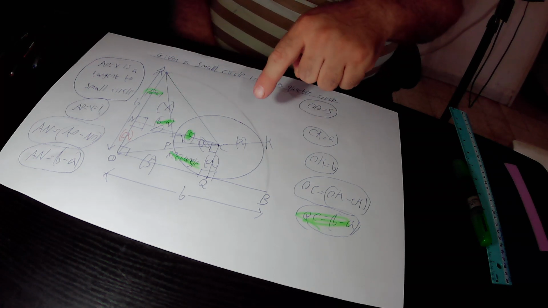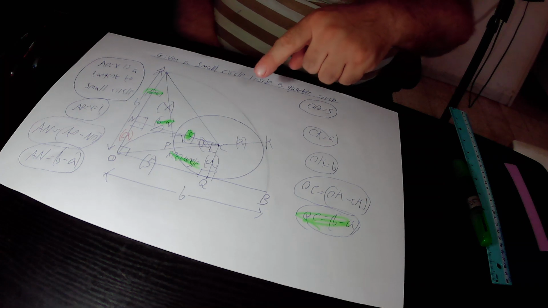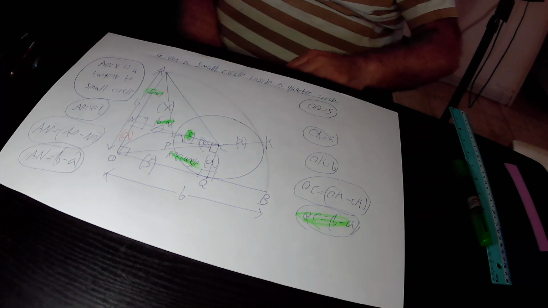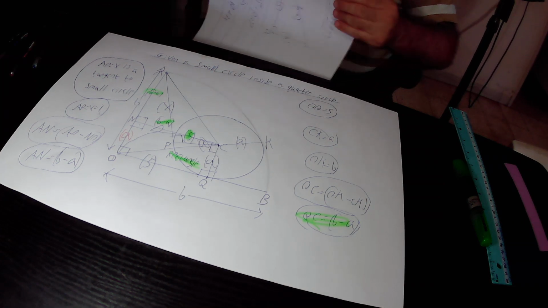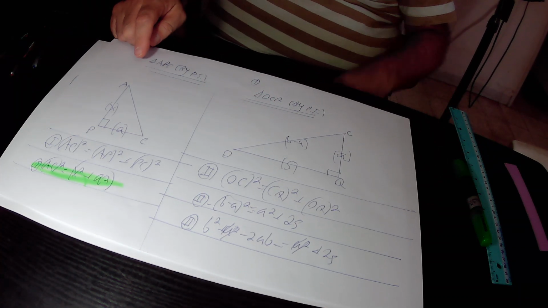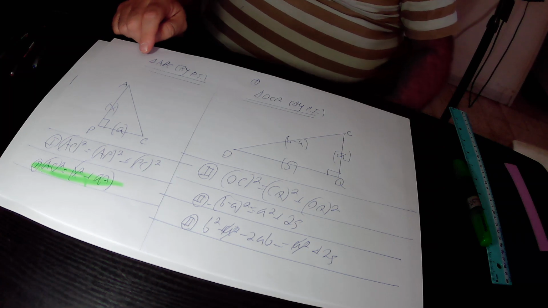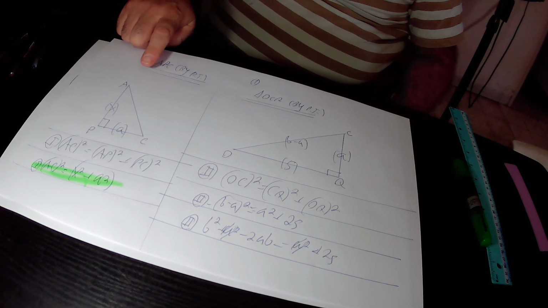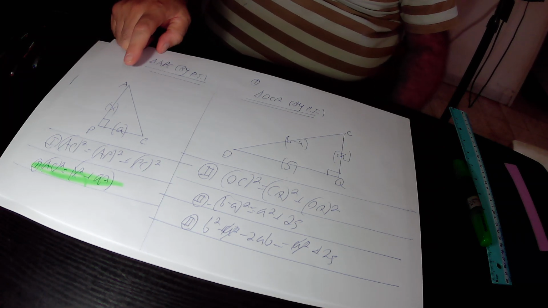So I copied the right triangle ACP in a new page and we implement the Pythagoras theorem on this right triangle ACP. This is the right triangle APC that I copied from the original drawing. In this right triangle APC, AC squared, that is the square of the hypotenuse, equals AP squared plus PC squared.